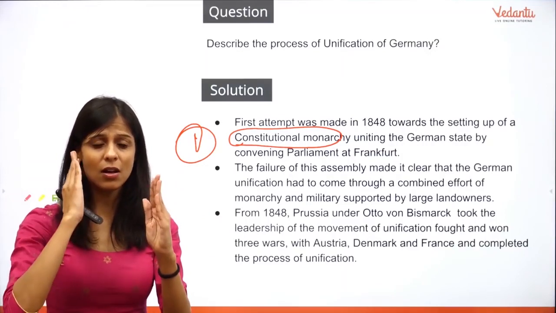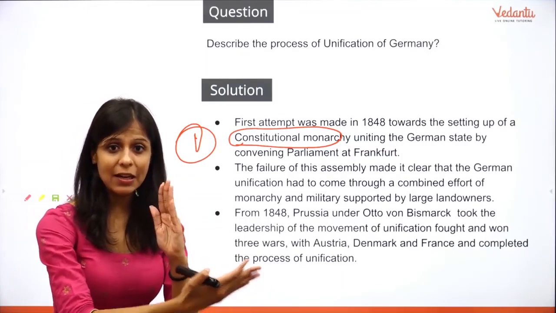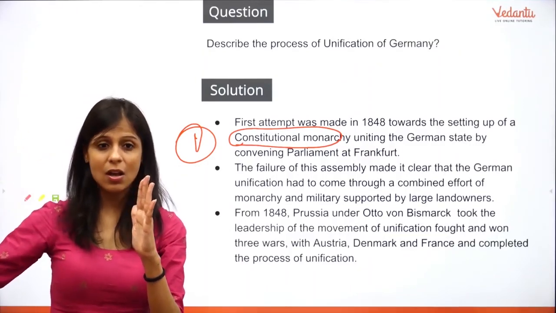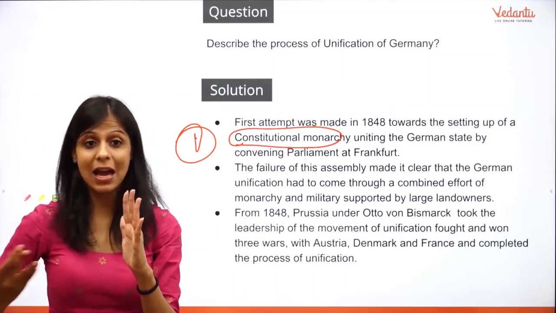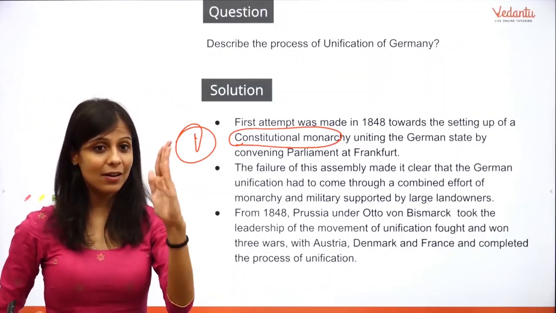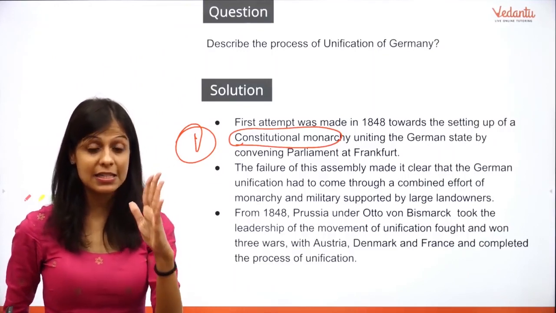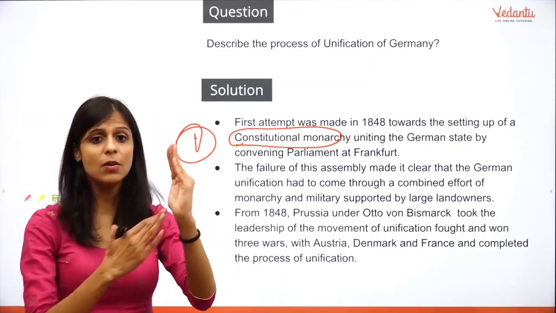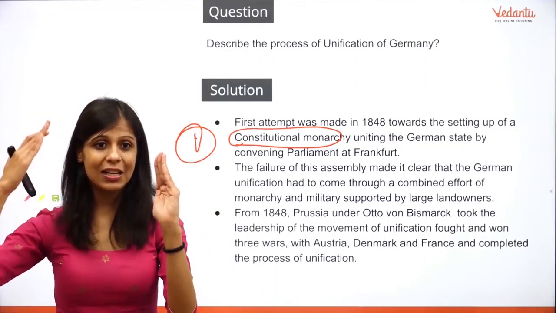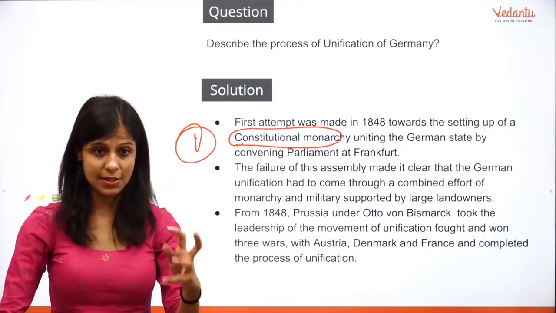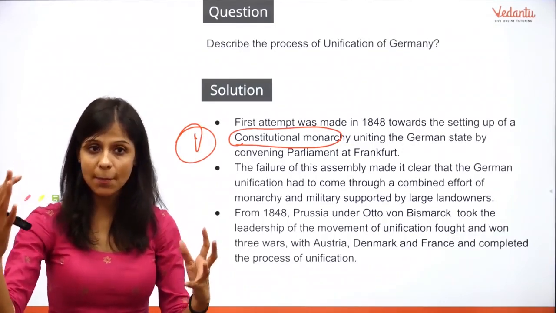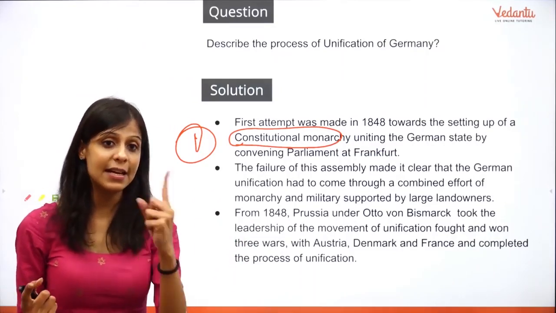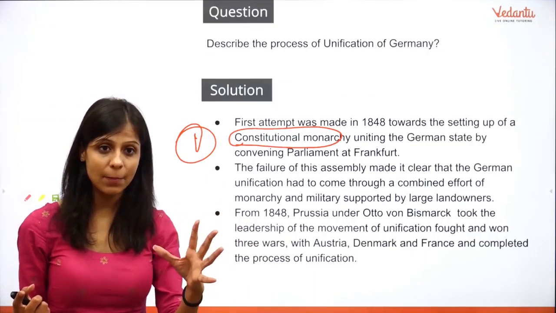The assembly failed because the landowners, the monarchy and the landlords, who should probably support this entire process, went against the middle class, who stood for their rights. So it was the assembly versus the monarch, the military and the landowners. They should have been supporting the country to bring the country together, to unite the people, but they never did that. Instead, they dismantled all the assembled people there.